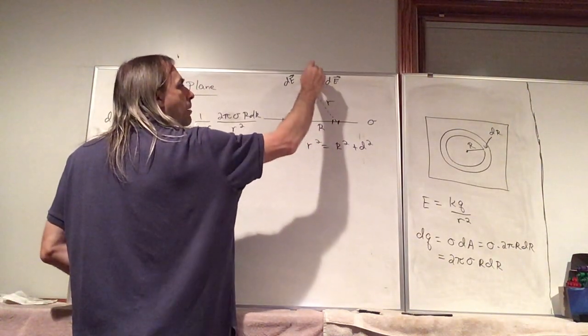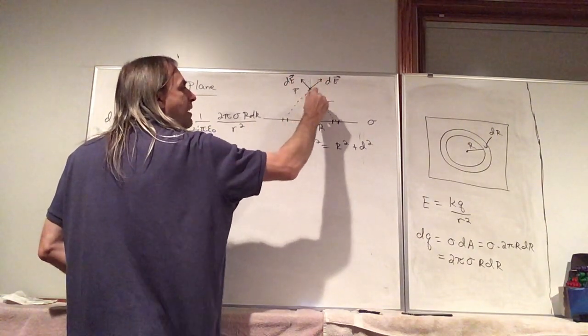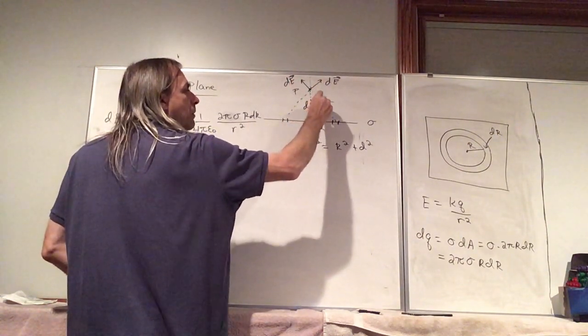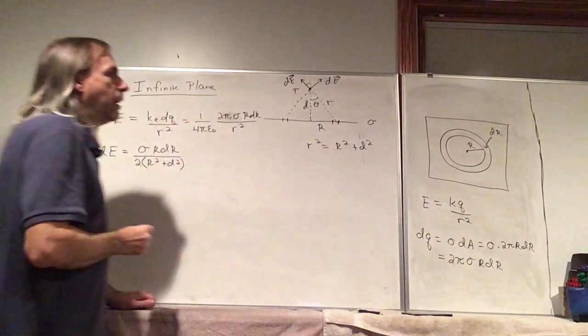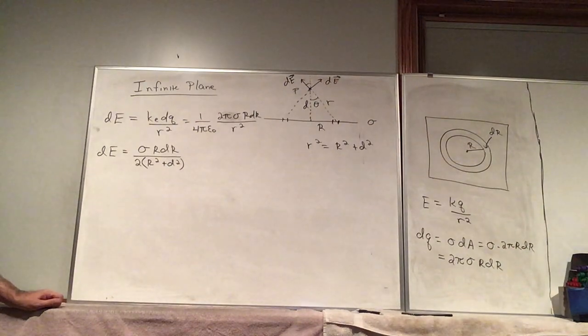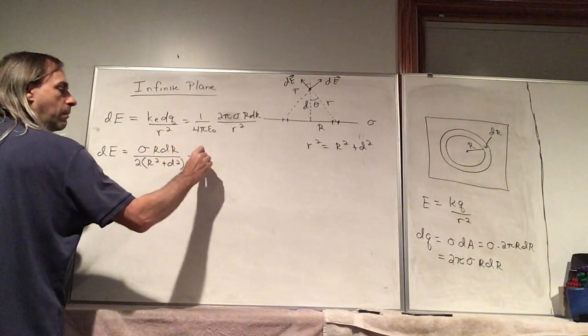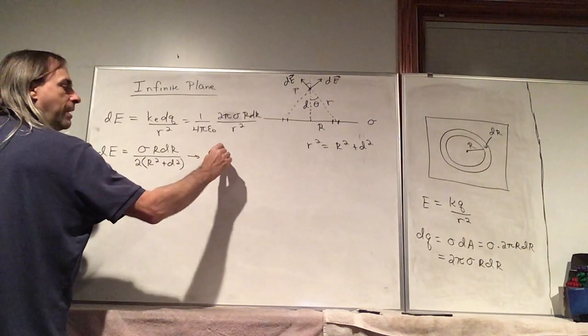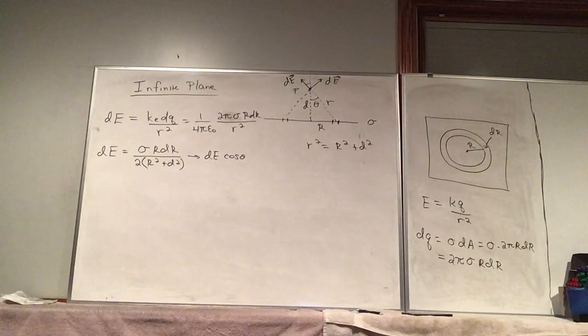I just drew that P there, and then I had to erase it. Let's define this angle to be theta. That would make this angle theta as well. And so the component that we want is dE cosine theta. That is the vertical component of the electric field.